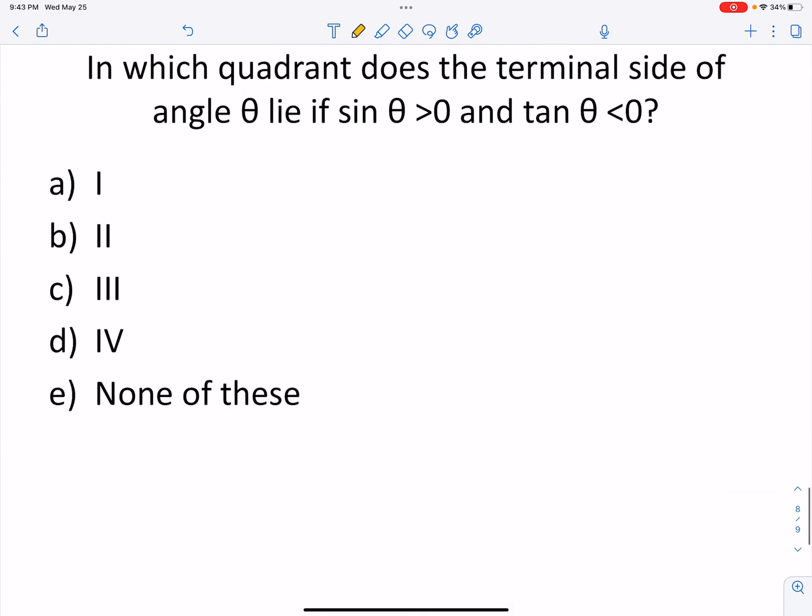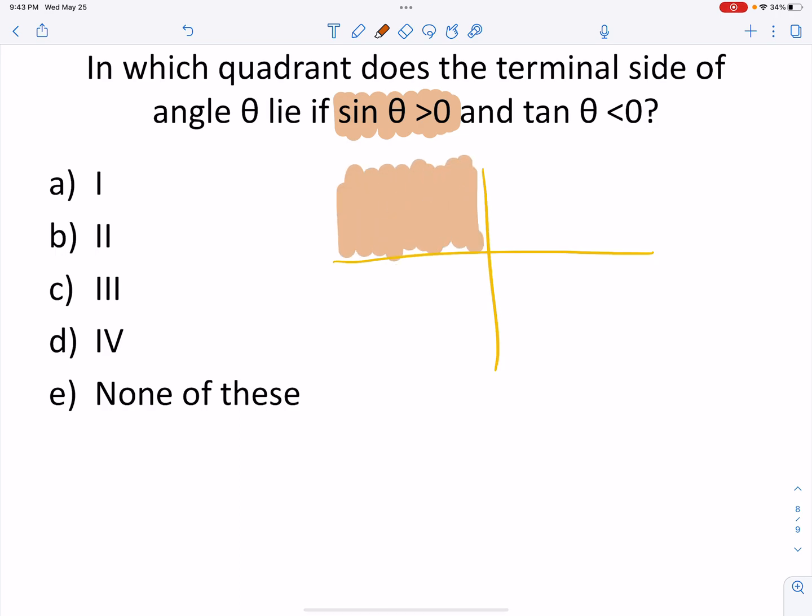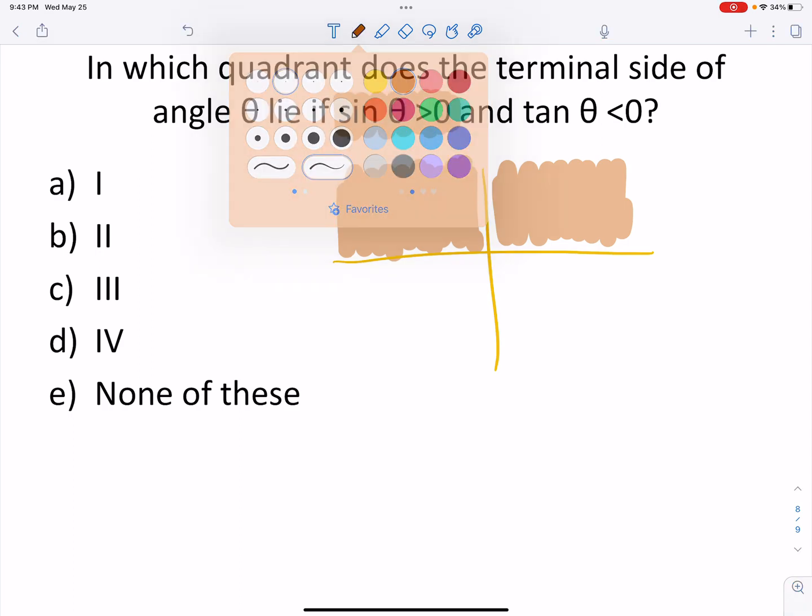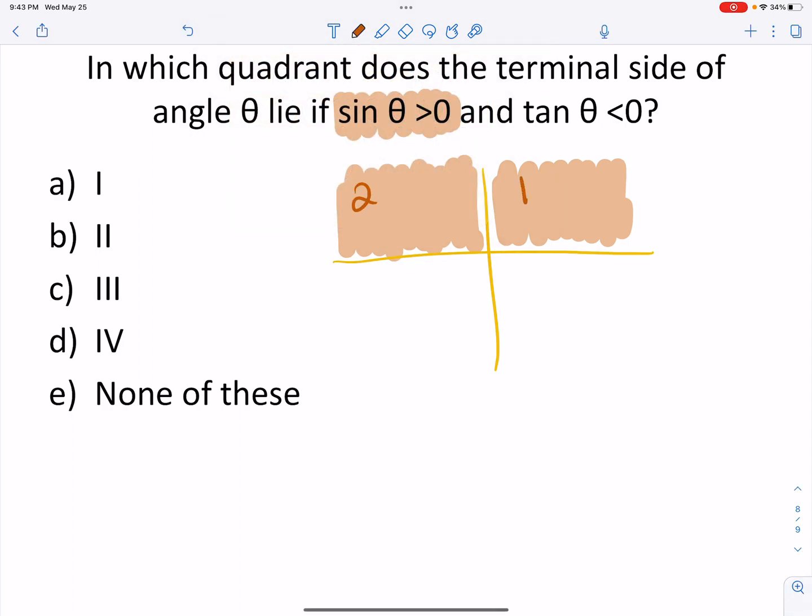Okay, I would like you to pause and try this one. Okay, I would definitely give you this on a final. The sine of the angle is positive. So that's up, so that's going to be in this quadrant and this quadrant. So I am either in quadrant 1 or quadrant 2.